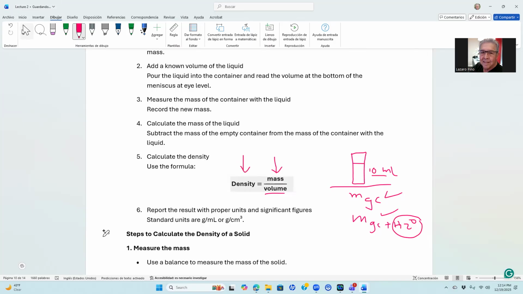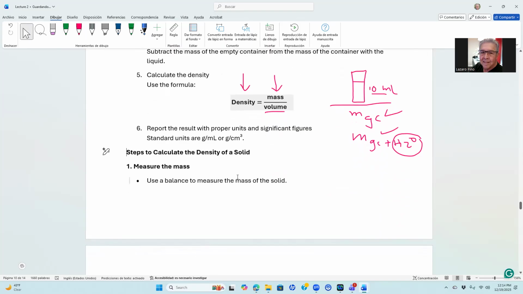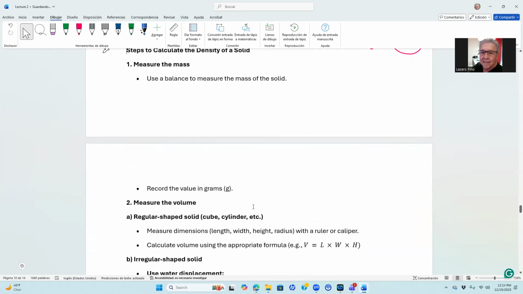But what will happen if we are in front of a solid? Well, it is pretty easy to determine the mass of the solid. You use a balance or a scale as you wish, and then you record the mass in grams. And then the problem is how we can measure the volume.